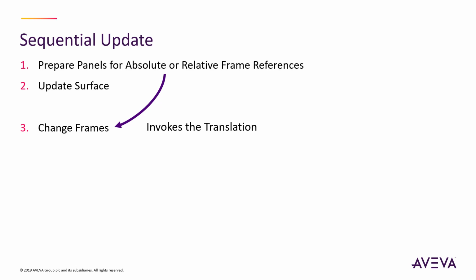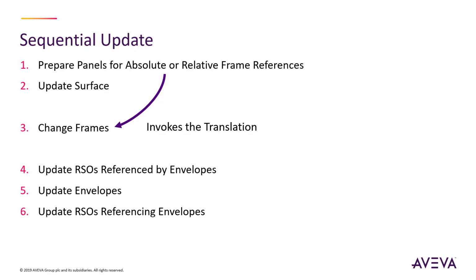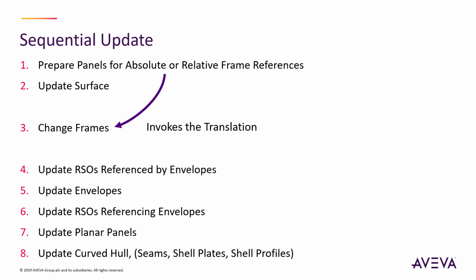Once we've applied the translation, we then need to go through sequentially and update information in order. So we would start by updating any reference surface objects, RSOs, referenced by envelopes, update those envelopes, then update any RSOs that reference the envelopes, and then go through, update the planar panels and update the curved hole sequence.